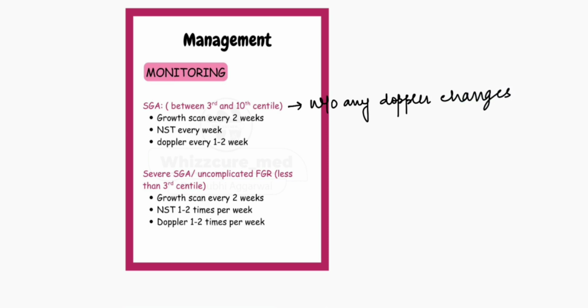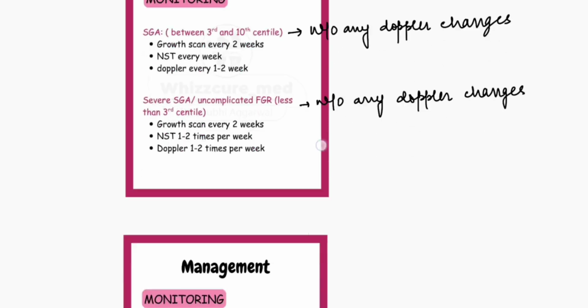Then, if it is a severe SGA or an uncomplicated FGR, that is if the fetal weight is less than the 3rd centile, but again without any Doppler changes, in that condition, again you're going to do growth scan every 2 weeks, but the NST and the Doppler will be done 1 to 2 times per week.